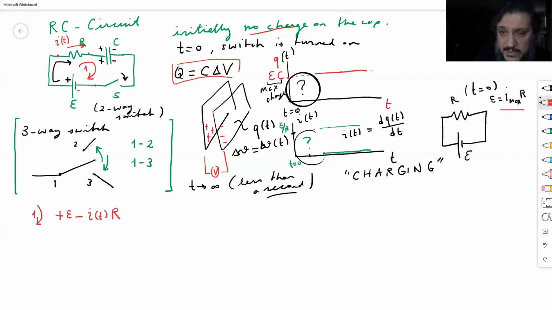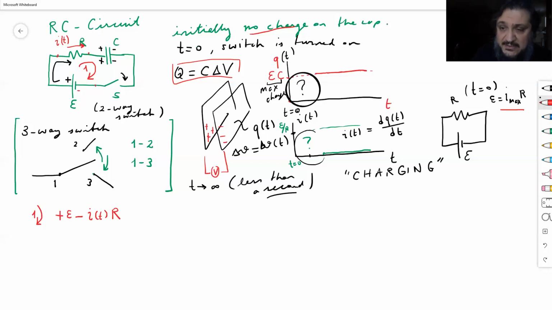Now I am here between the resistor and the capacitor. I'm going to enter the capacitor traveling from left to right, from the positively charged plate to the negatively charged plate. Going from positive to negative, there's again a decrease in the potential. And how do I find that potential? I could use this formula again, Q equals CV.